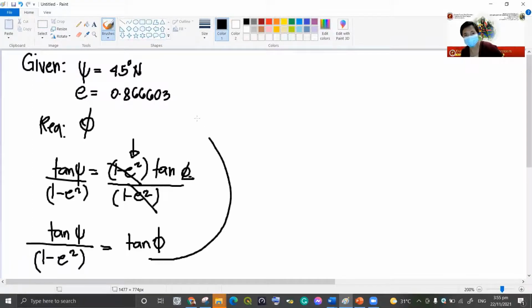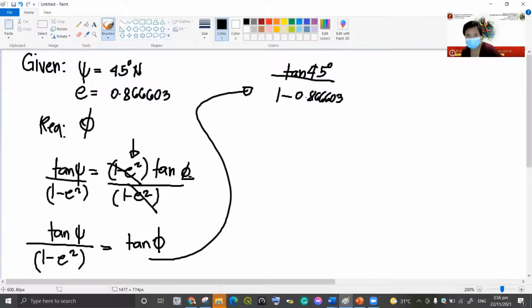We can directly substitute the values: tangent of 45 degrees all over 1 minus 0.866603 squared, and this is equivalent to tangent of the geodetic.